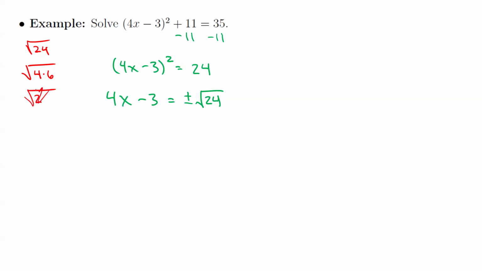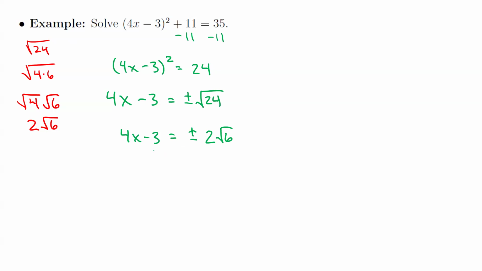So, oops, didn't mean to write that square root again. What I meant to write was the square root of 4 times the square root of 6, which becomes 2 times the square root of 6. So you might just do this on the side. Then in a quicker way, you can write 4x minus 3 is plus or minus 2 root 6. So just get that simplification done right off the bat.